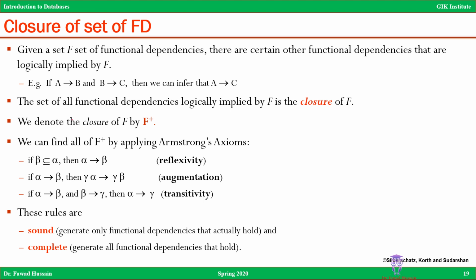It means that if I have something like this, A implies B and B implies C, then I can infer A implies C. So if I had just A implies B and B implies C, this together with all that I can infer from this will form F plus.